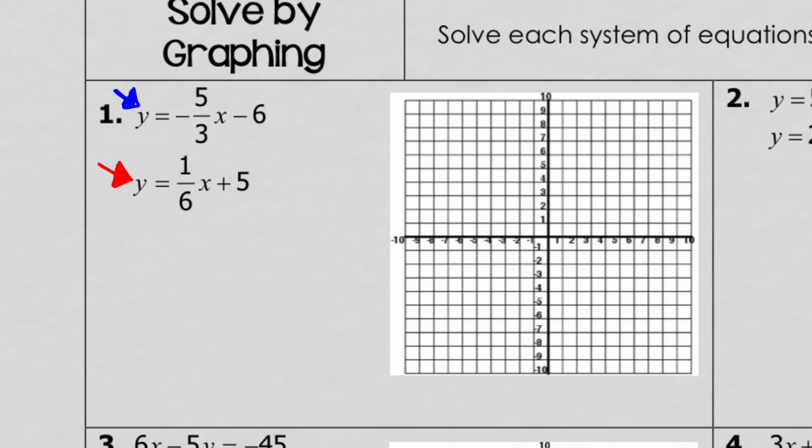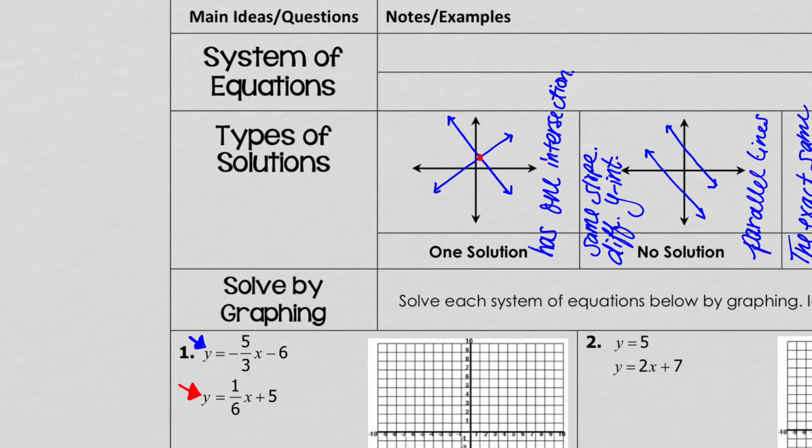How do I graph a line? What format is this in? Does anybody know? Y equals mx plus b. Okay, y equals mx plus b. So I'm going to write that up here in my notes.